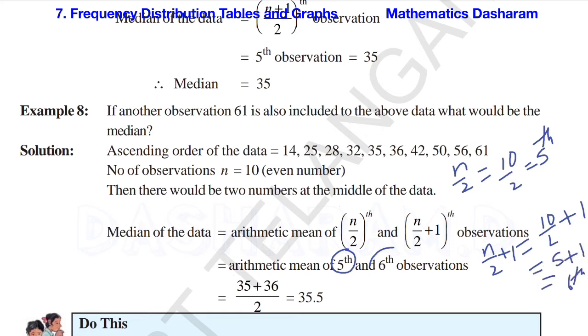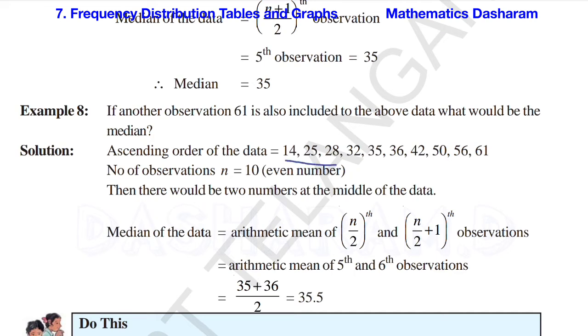So the sixth observation. In this ascending order, fifth and sixth: 1, 2, 3, 4, 5, so 35, 36. So its arithmetic mean, which means sum of observations divided by total number of observations. So 35 plus 36 divided by 2 equals 35.5.